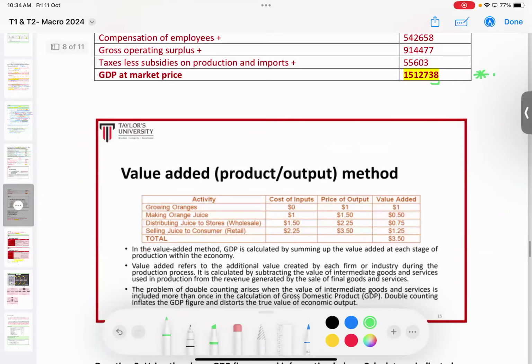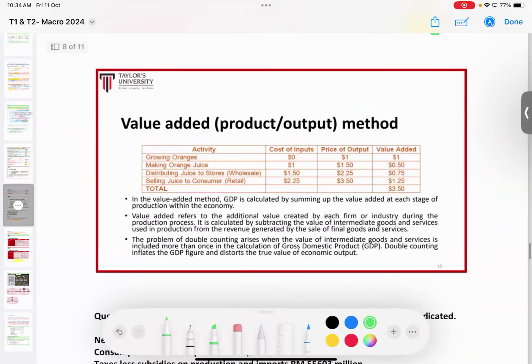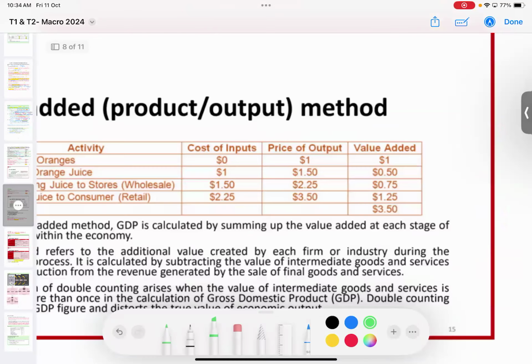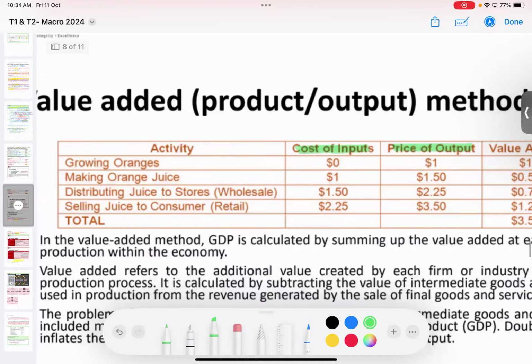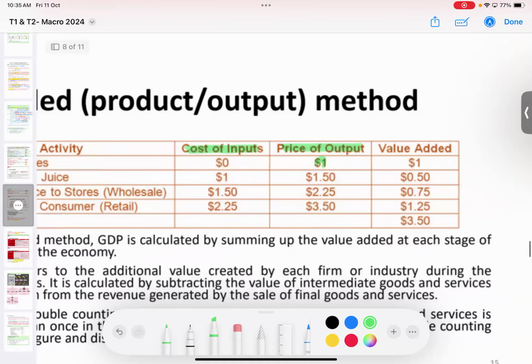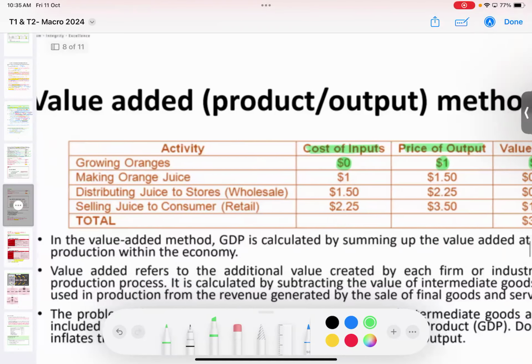Now, value added we can't do, but I'll go through it quickly with you. What do we mean by the value added approach? It means I look for the value added. We have the cost of inputs and the price of outputs, and we find the difference. For example, growing oranges, that's the inputs, and orange juice is the output.